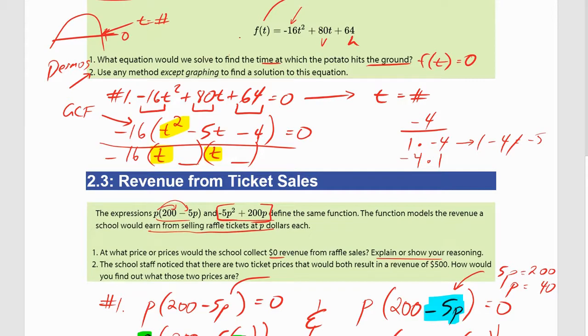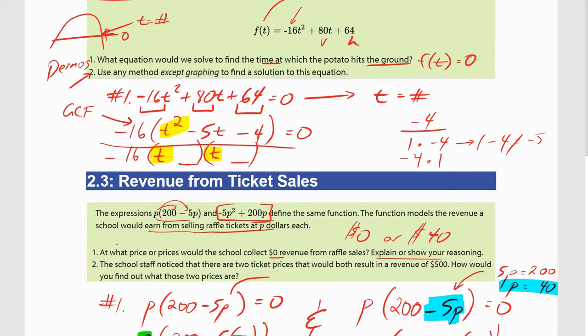So your two answers that would have worked are $0 or $40. That would have been too expensive.